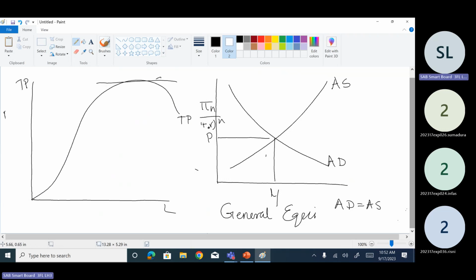Now, at this point, you don't include equal 0 at the maximum point. Yeah, the marginal productivity of labor equals 0.